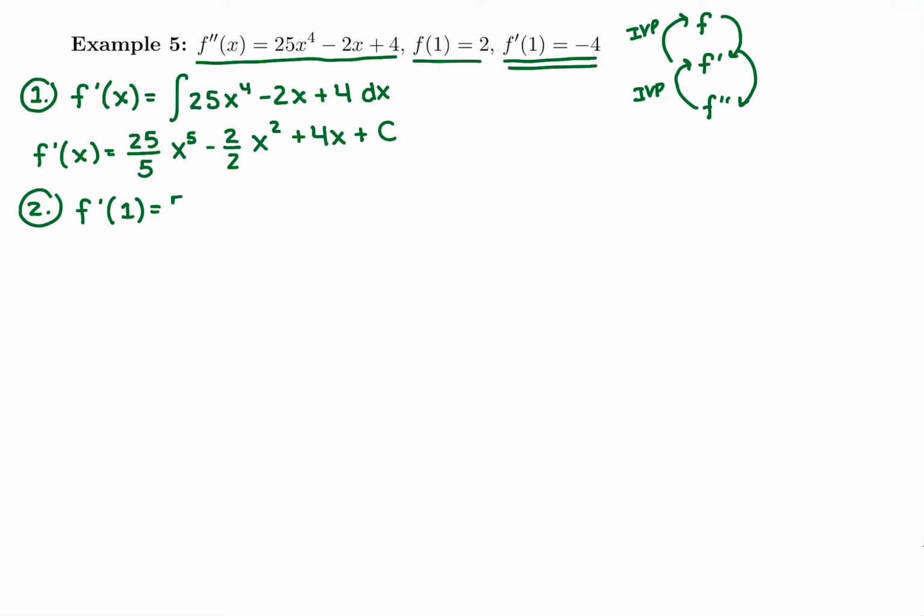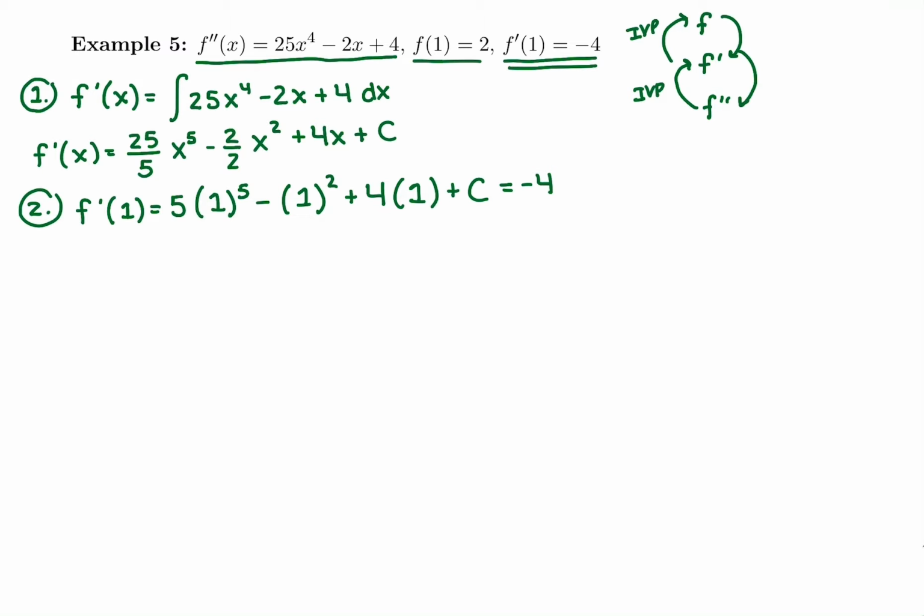And 25 over 5 is 5 times 1 to the 5th, minus 2 over 2 is just 1, x squared, so 1 squared, plus 4 times 1. So all I did there was simplify the 25 over 5 as being 5, and minus 2 over 2 x squared is just really minus an x squared, plus 4 times my x is 1, plus c has to equal negative 4, according to this setup.